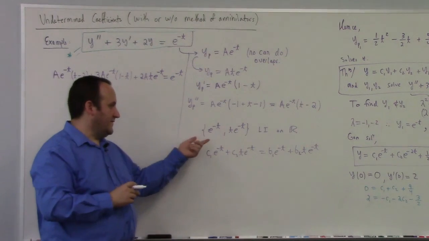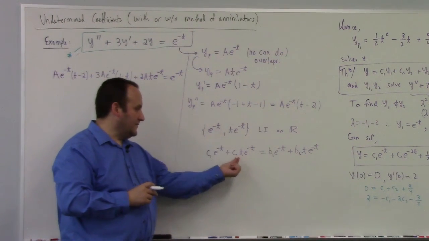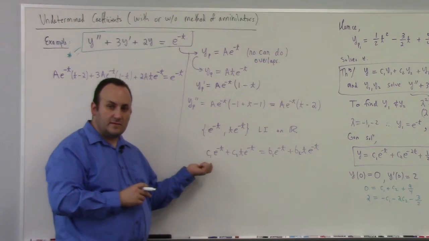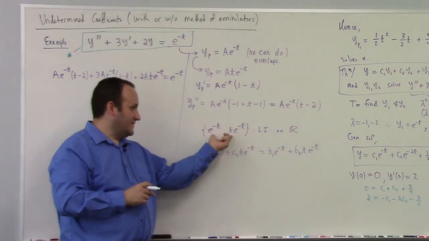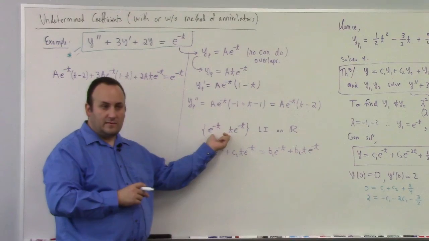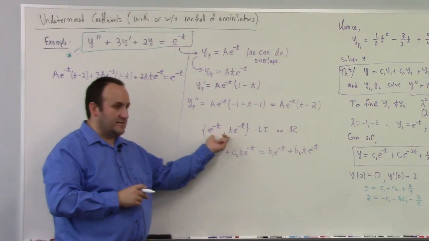This is one of them. So if you have linearly independent functions, then you can equate coefficients of linearly independent functions. So these are linearly independent functions. You could calculate the Wronskian of this thing, and you'll find out it's non-zero.